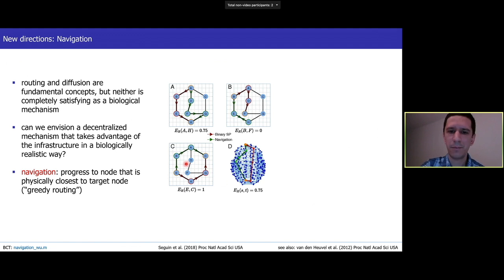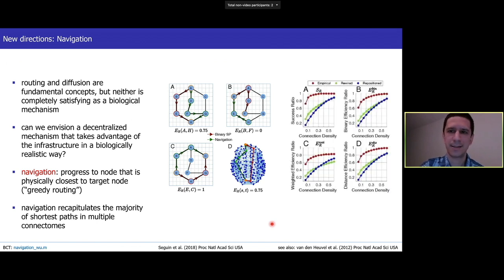And what this example from Caio Seguin and Andrew Zalesky showed was that if you have a navigation mechanism where signals are forwarded to nodes that are physically closest to the desired target, you can actually recapitulate the majority of the shortest paths in the network.